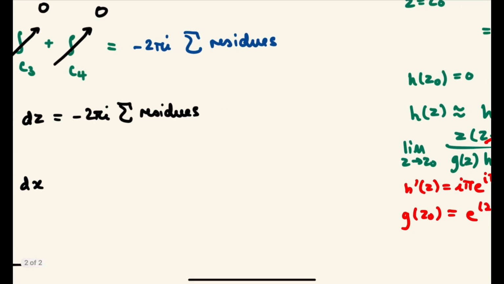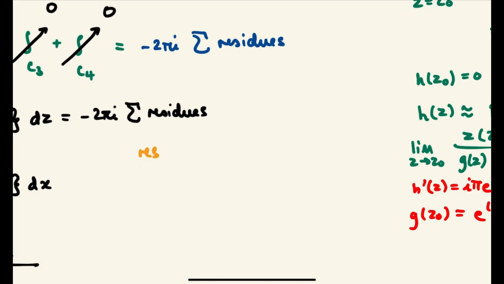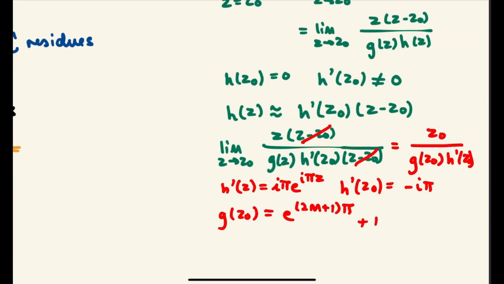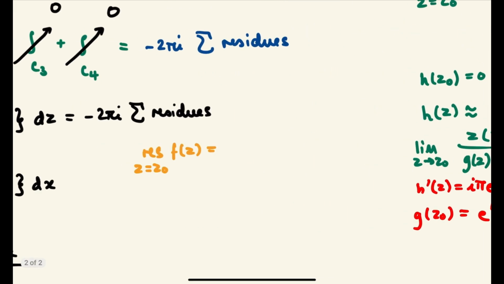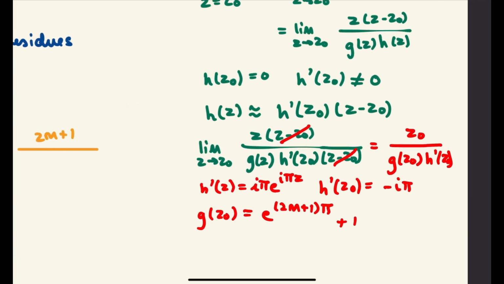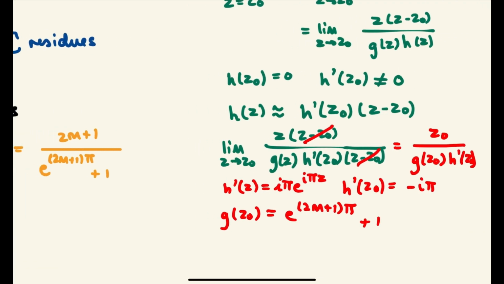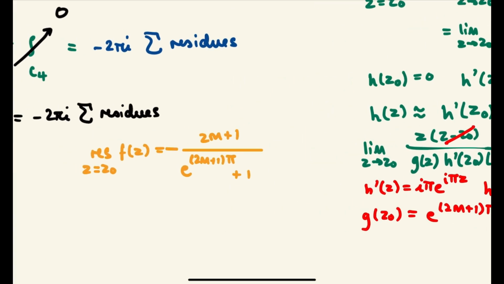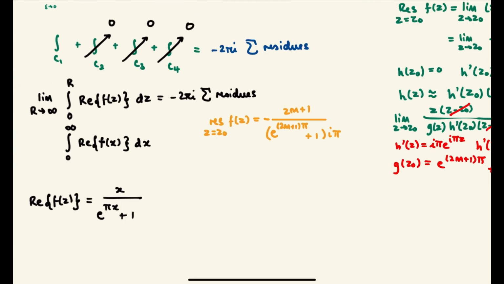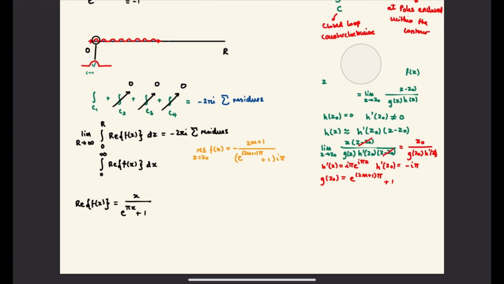The residue at z equals z0 of f of z is equal to z0, which is on top, 2m plus 1, all divided by g of z0, which is simply e to the (2m plus 1) pi plus 1, times h dash of z0, which is minus i pi. So I'm going to put the minus here, and the i pi there. Just to get some space, I'll cut this out.